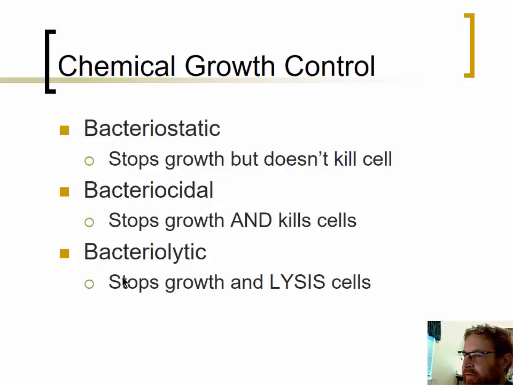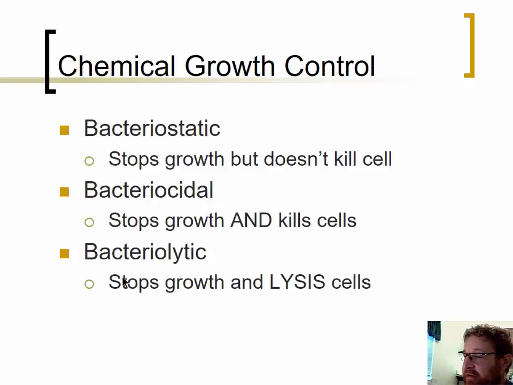We can use chemicals in addition to the physical methods in order to kill the bacteria, and we can classify the chemical agents as either being bacteriostatic, bactericidal, or bacteriolytic.